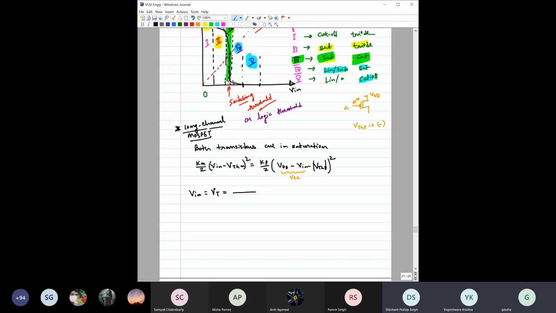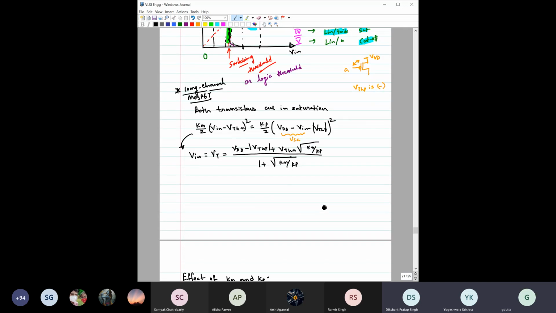I am just writing what you would get finally. It will be VDD, but please do a cross check of that. So here VTHN plus root over Kn by Kp, and root over Kn by Kp. If you solve this, you will get Vin, which is nothing but the logic threshold, equal to this.